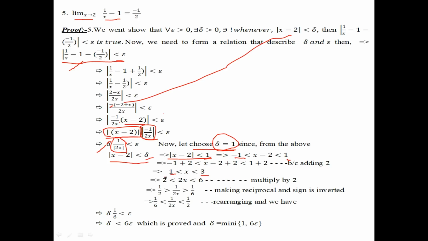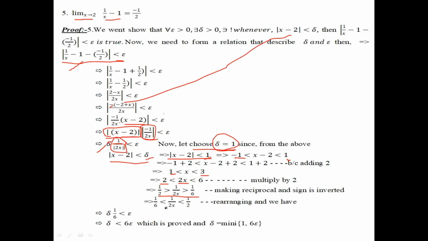So we will multiply by 2 so as to have 2x, since we have 2x here. We multiply all the terms by 2, then divide, or invert the values, making the reciprocal, and the sign is alternated.